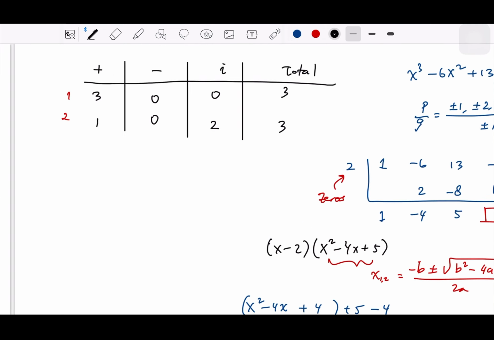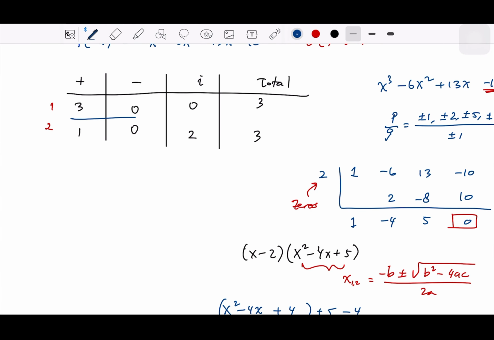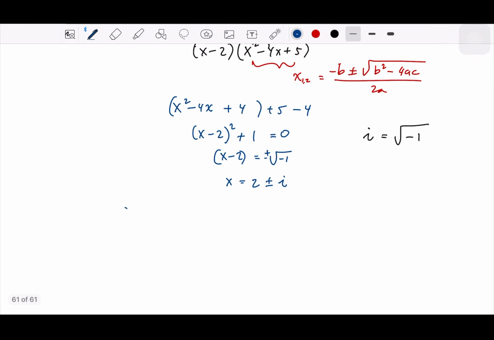So the true path for our solution is this one. So f of x has 1 positive zero and 2 imaginary zeros.